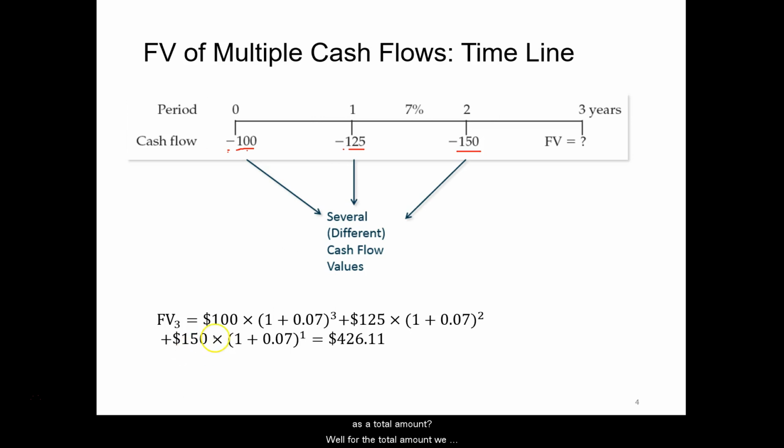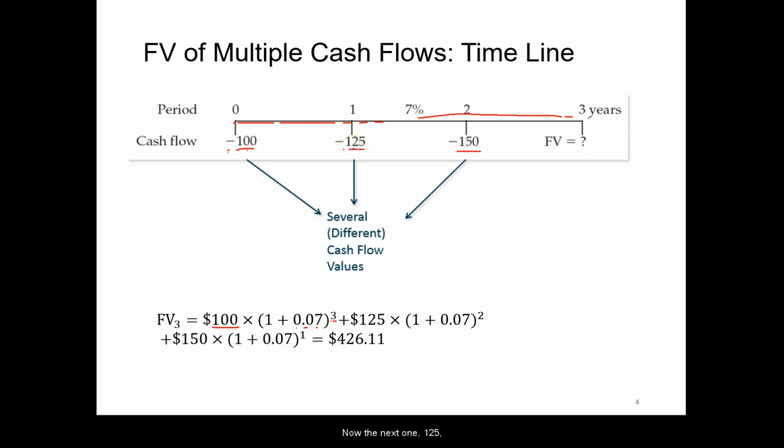Well, for the total amount, we just try to find out the future value of every one, and we sum them up. For example, the first $100, if you think about how much it will become after 3 years, that's a typical Chapter 4 question, if we treat this $100 as a single cash flow. So this $100 will compound for 3 years by 7%.